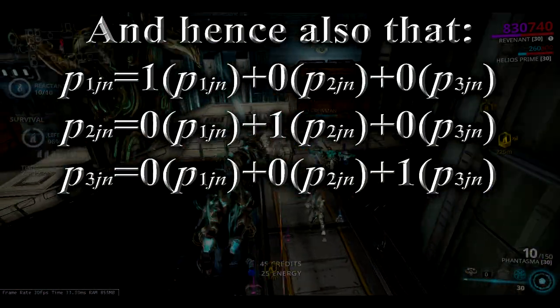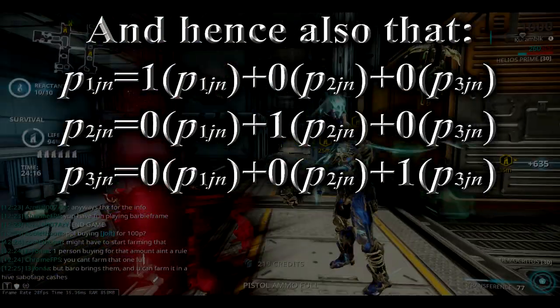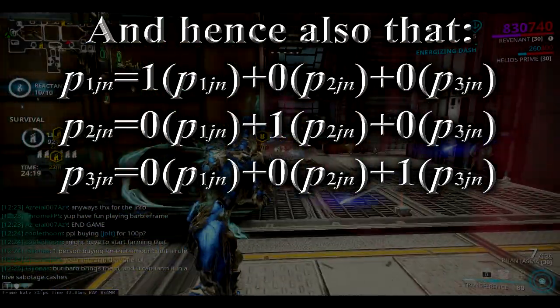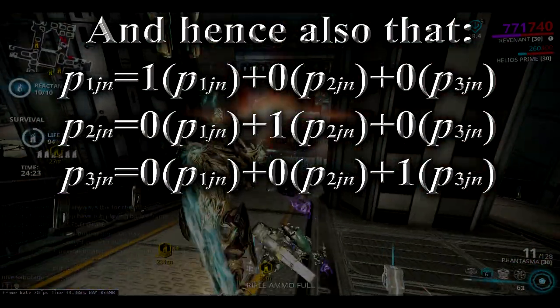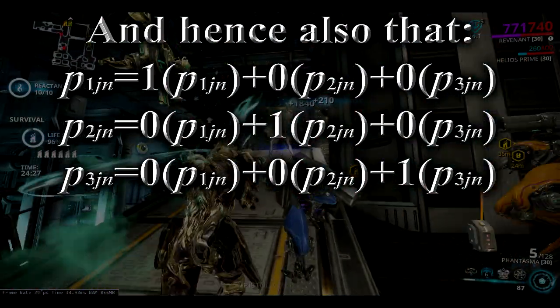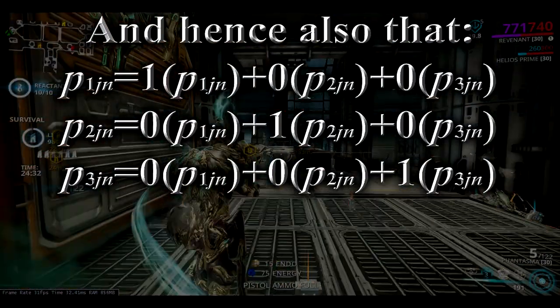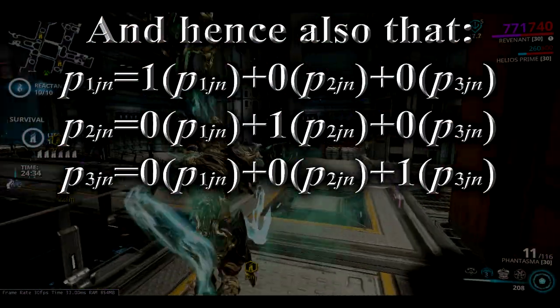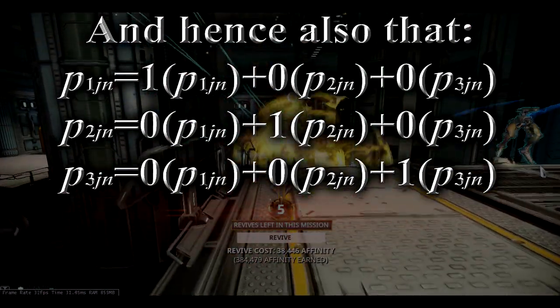All we need to do is find an expression for that constant, such that where you put i equals 1, it cancels out i equals 2 and i equals 3. When you put i equals 2, it cancels out p1 and p3. And when you put i equals 3, it cancels out p1 and p2, which means that we can have pijn in one formula, and we can call out the different probabilities by setting i differently, as we originally intended to do.